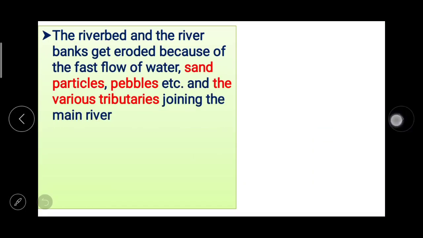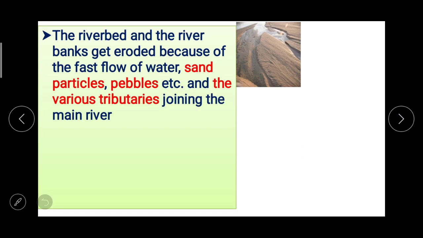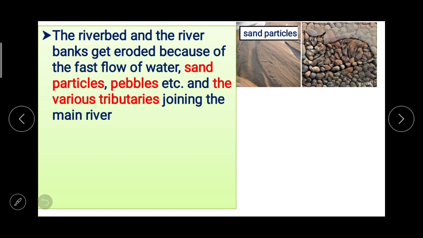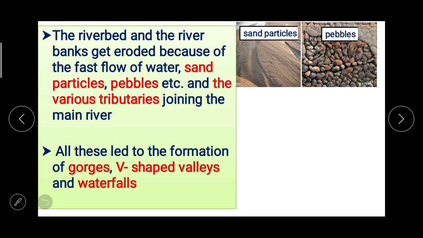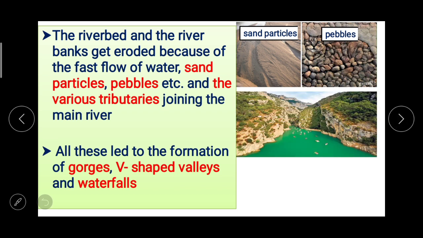And now the next thing, the rivers originate at a much higher altitude from the sea level. Here the river flows at a great speed, and therefore its power to erode is great because of the speed. So, the river bed and the river banks get eroded because of the fast flow of water, sand particles, pebbles, etc. and the various tributaries joining the main river.